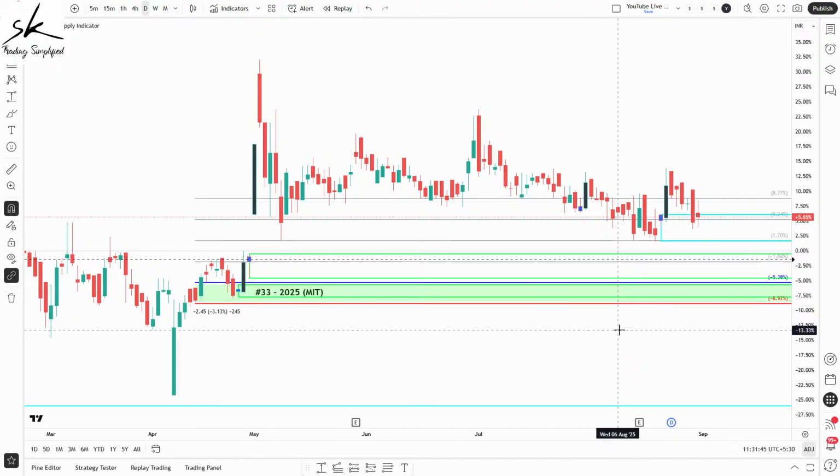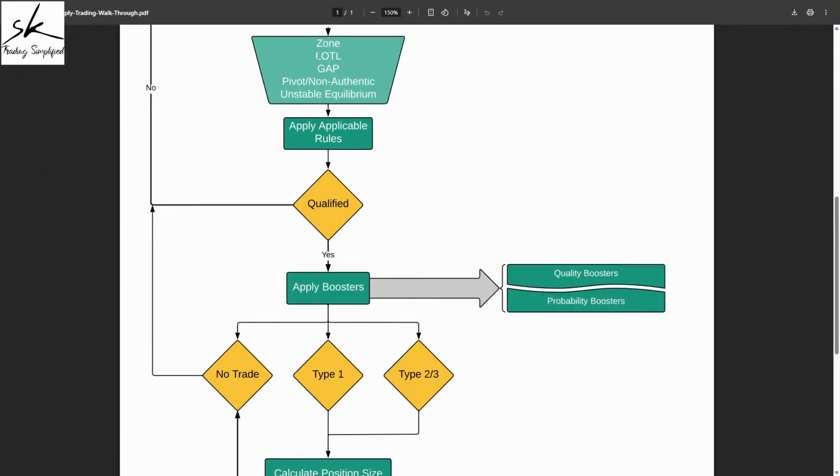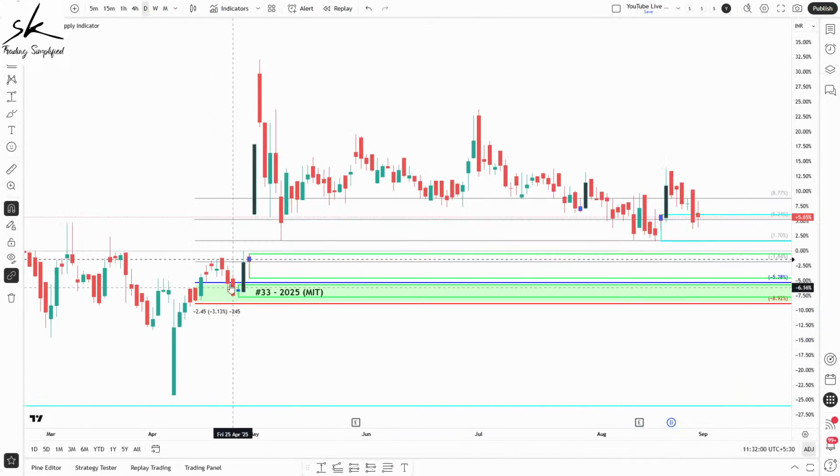So yes, going back, we checked for level on top of level. It was a case of level on top of level. Whatever modification was required, we have made those modifications. The lower zone is not because of a gap, therefore gap rules will not apply. Now, talking about pivot and non-authenticity, it is a drop-based rally structure, which ideally we consider as a pivot or a non-authentic zone.